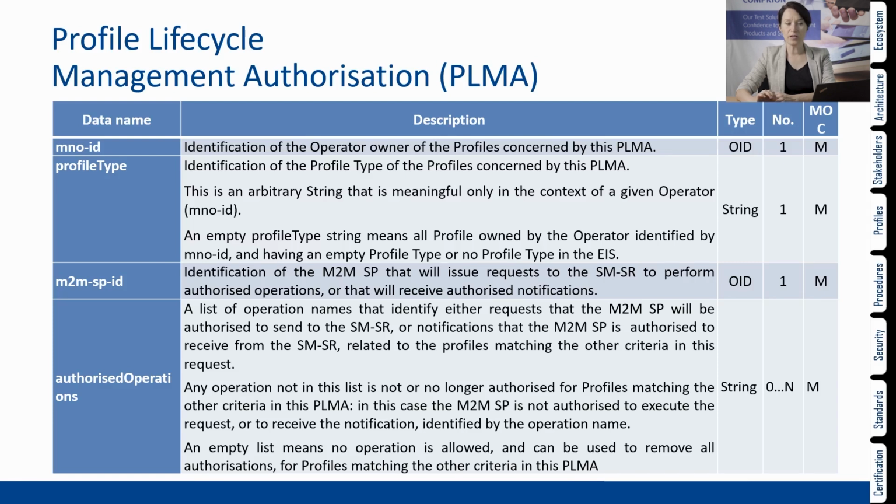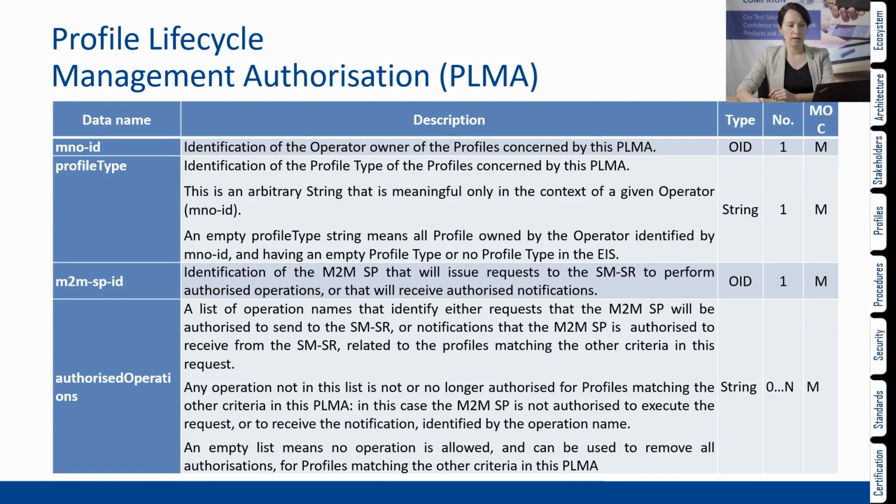This string is meaningful only in the context of a given operator. If it is empty, it means that all profiles owned by the operator identified by this specific MNO ID have an empty profile type or no profile type in the EUICC information set.